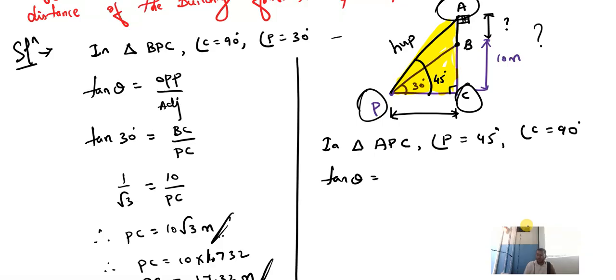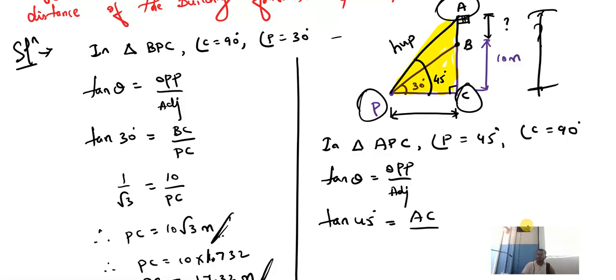Again, as you can see, tan theta is opposite by adjacent. Here theta is 45 degrees. Now my opposite is AC because I am taking the bigger triangle. According to the bigger triangle, AC is my full side, the opposite side. And my PC is the adjacent side.